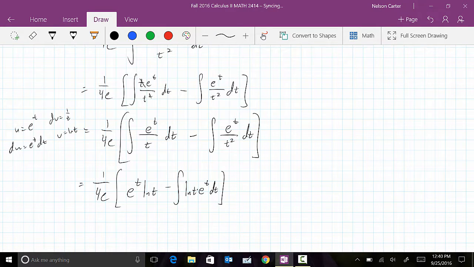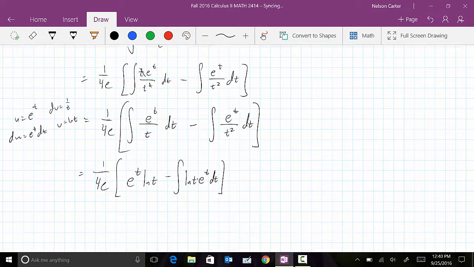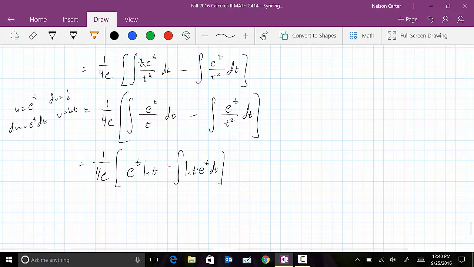Well, I'm pretty sure this isn't going to work, at least not like this, because I just don't see this getting any better. I mean, I might be wrong. You would need to pick u to be the same thing, e to the power t, and then your du would be e to the power t dt, and then your dv would be the ln of t, and that means that v would be t times the ln of t minus t.